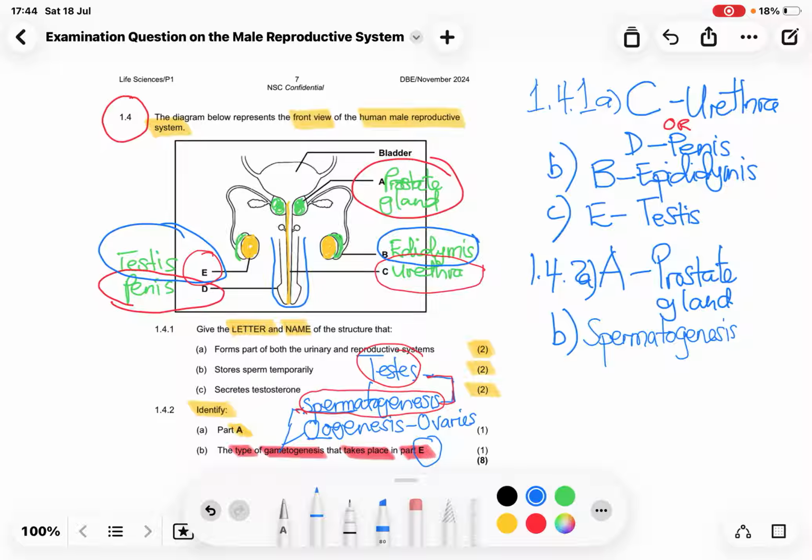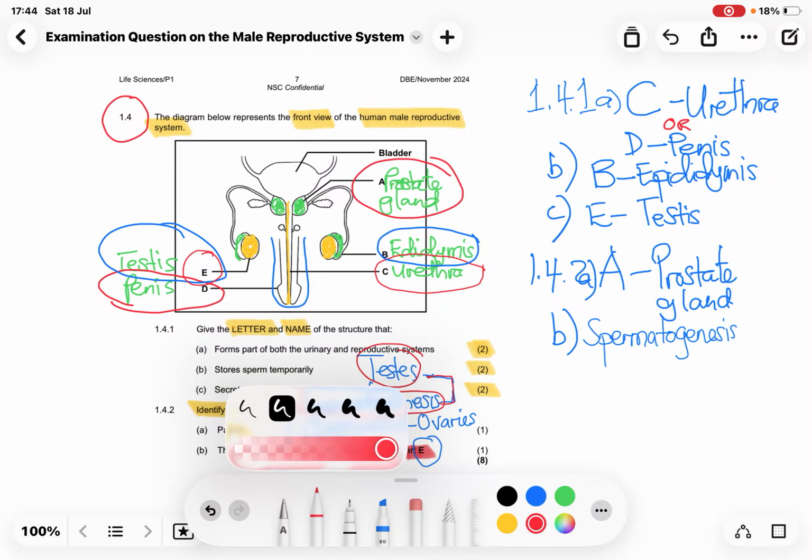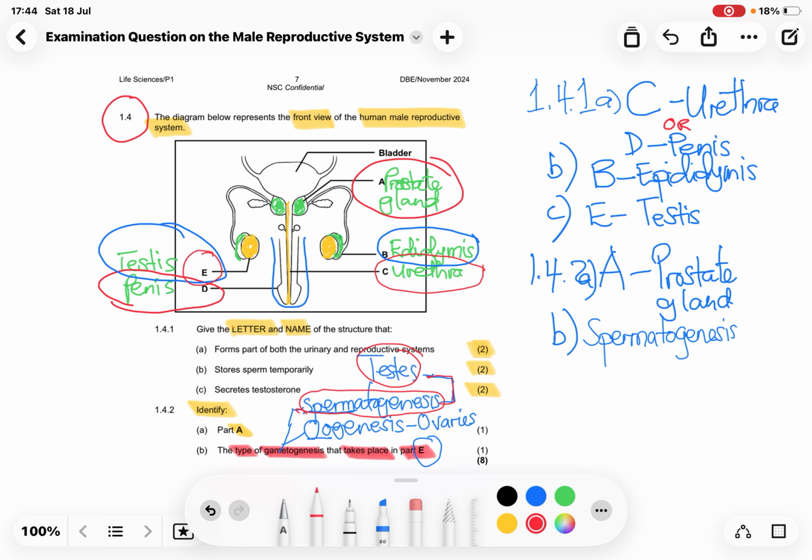Okay. Now let's see how the markers would mark this question at the marking center at the end of the year. Question 1.4.1 required letter and name, and we have our letter C, which is the urethra, or you could write D, which is the penis.